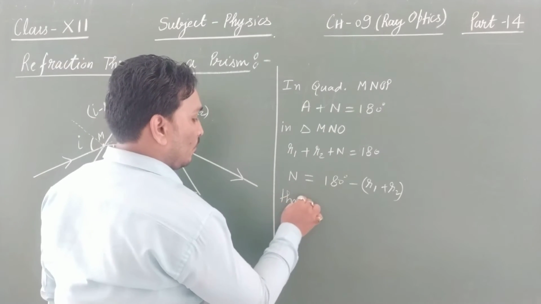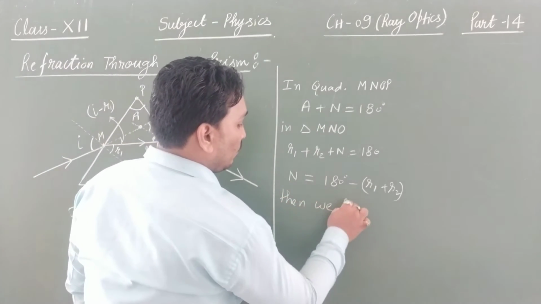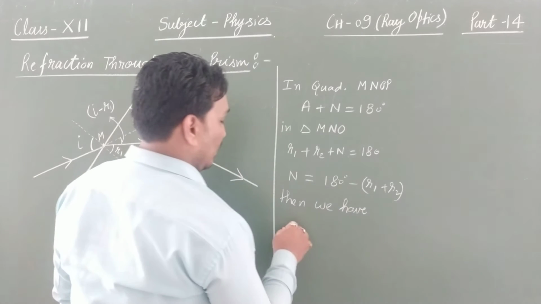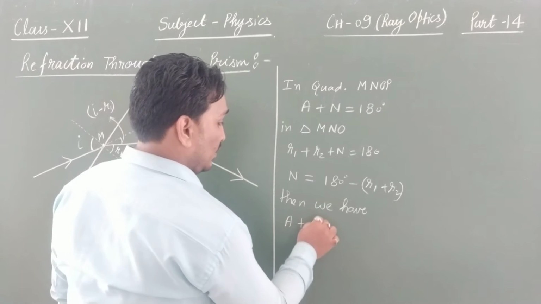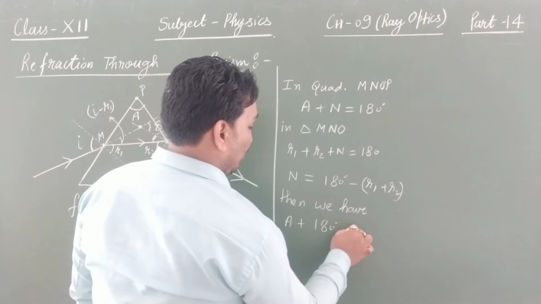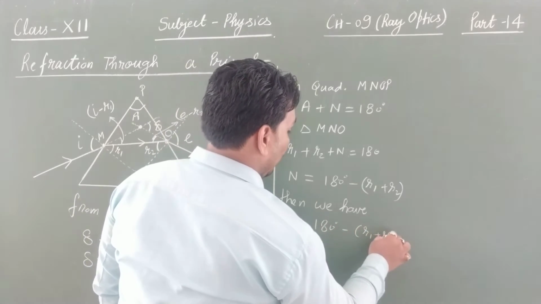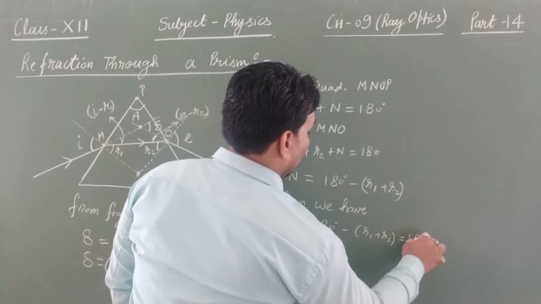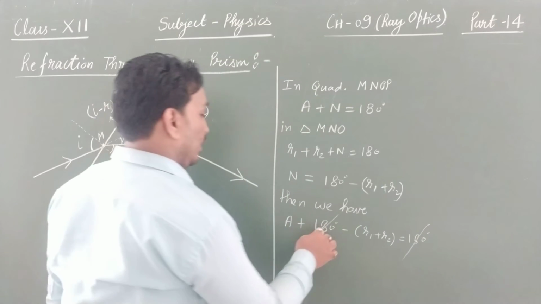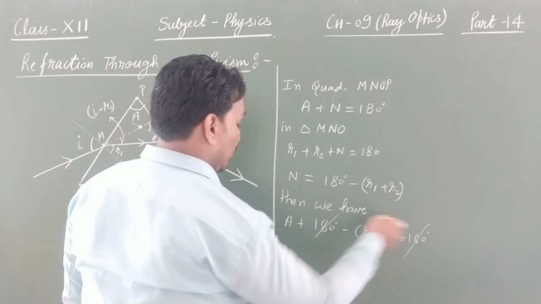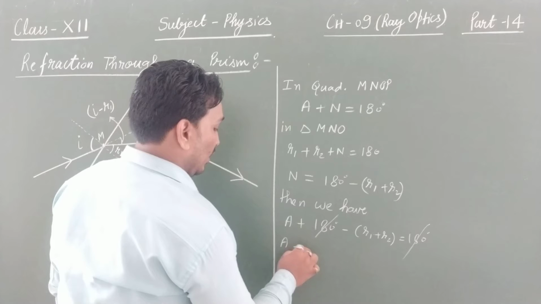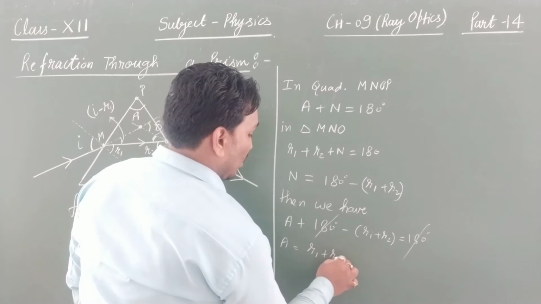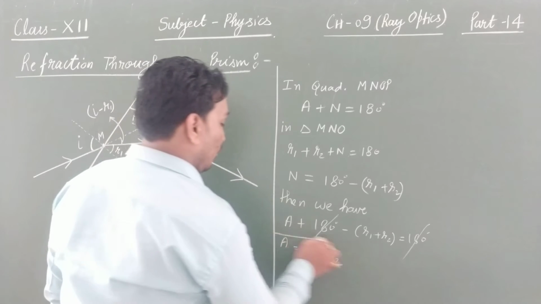Then we have angle A plus 180 degree minus (R1 plus R2) is equal to 180 degree. So 180 degree and 180 degree will be cancelled out. R1 plus R2 will be transferred to that side. We'll have A is equal to R1 plus R2. So from here what we can say?